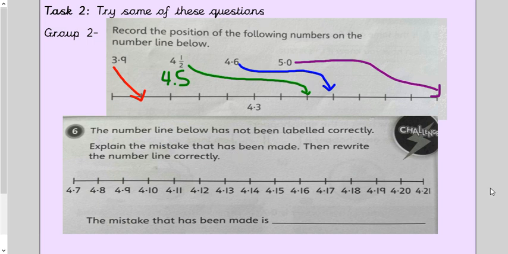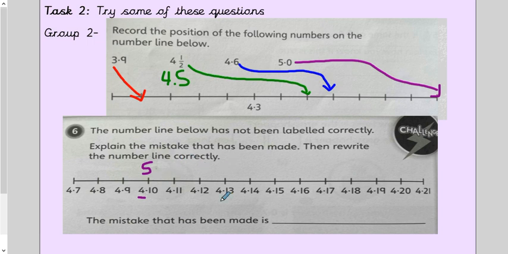And then this one says the number line below has not been labelled correctly. Explain the mistake that has been made, then rewrite the number line correctly. What they've done here is once they've got to 4.9, they go to 4 and 10 tenths. But as we know, using our place value grids, once you've got 10 tenths, that makes a whole. So actually you would add 1 whole onto the 4. So that would actually be 5, and then 5.1, 5.2, 5.3, and so on.